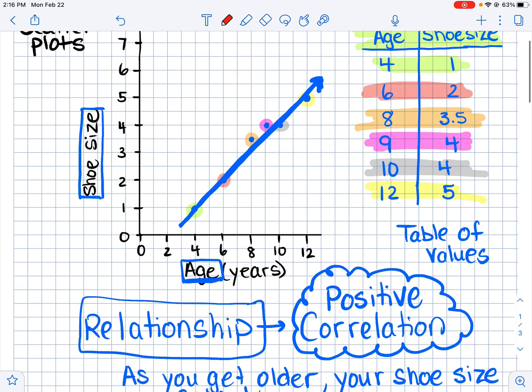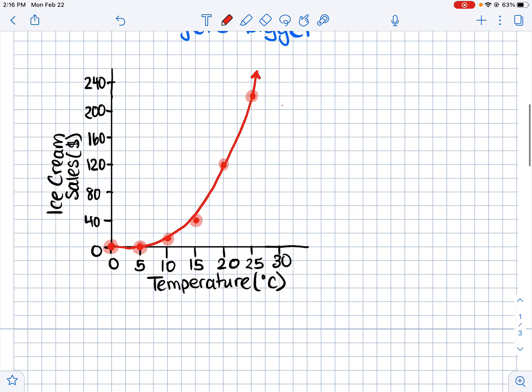So the first one, we drew a line. It's actually called a line of best fit. And in the second one, we drew a curve of best fit.